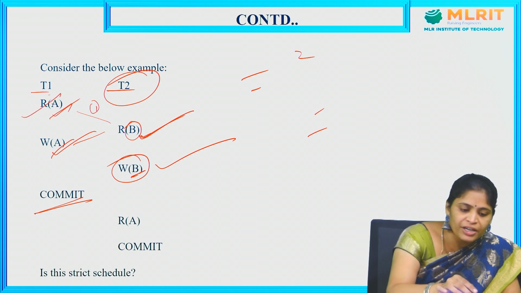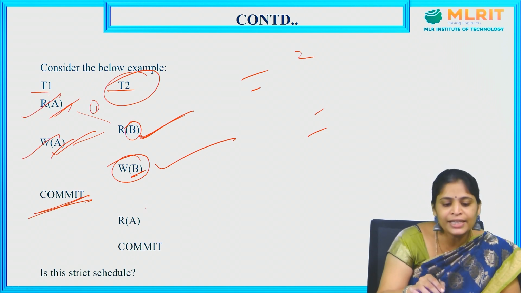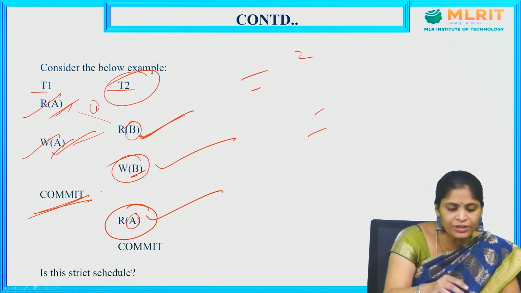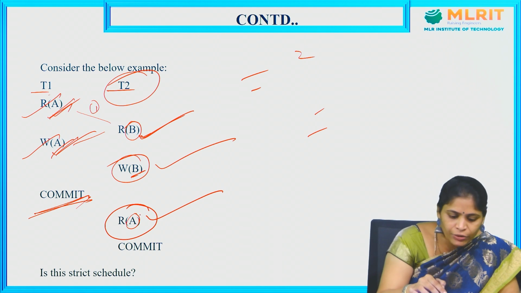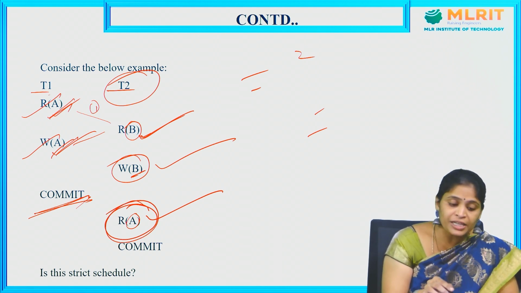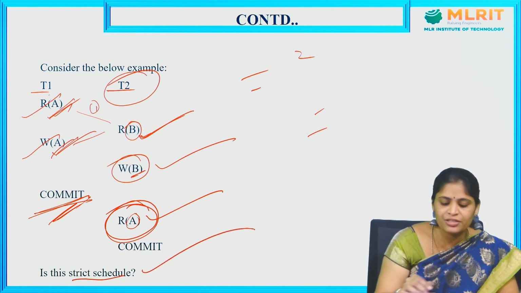That means after reading and writing, it has been committed. Then only T2 is allowed to read the particular data item A, which has been committed by T1, after reading, writing and committing. So, it is a strict schedule.